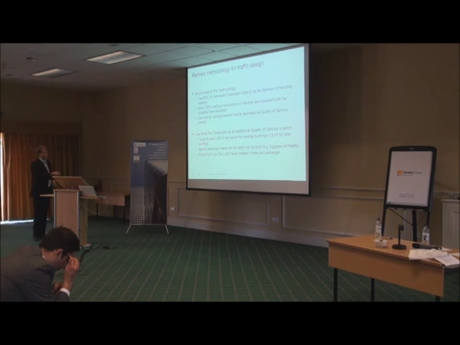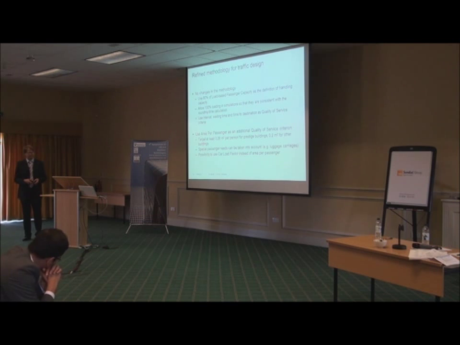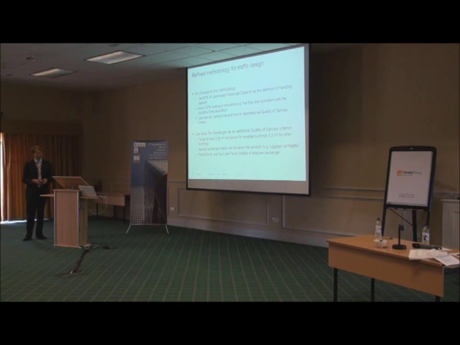But then in other buildings, for example, 0.2 or 0.21 square meters could be used as a target criterion. This way, it's also possible to take into account special passenger needs like luggage or carriages, and it's also possible to use car load factor instead of area, but probably the area gives, after all, the best idea of what the actual quality of service is in that case.